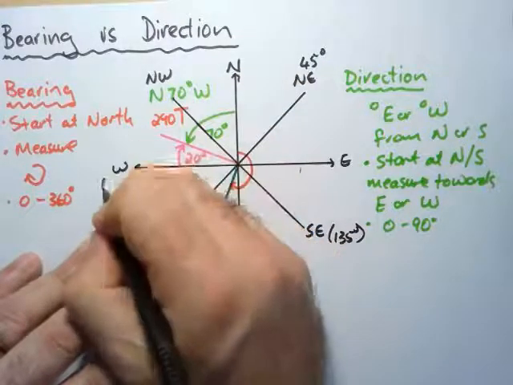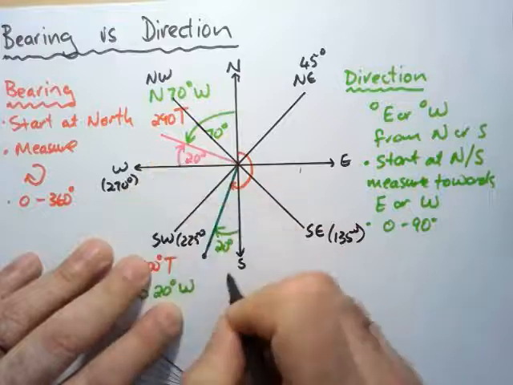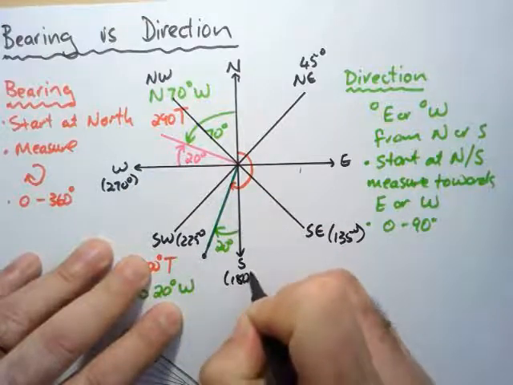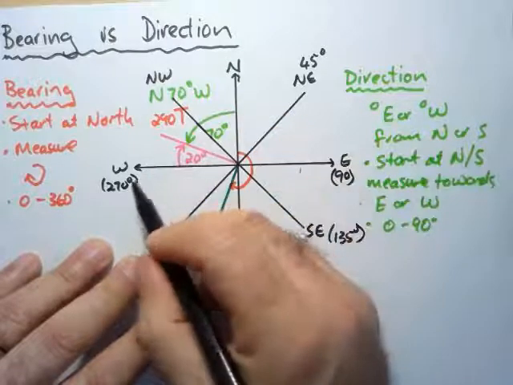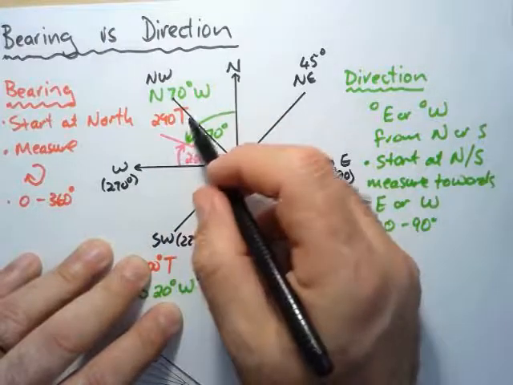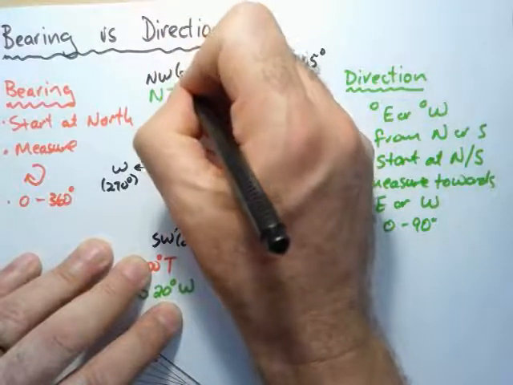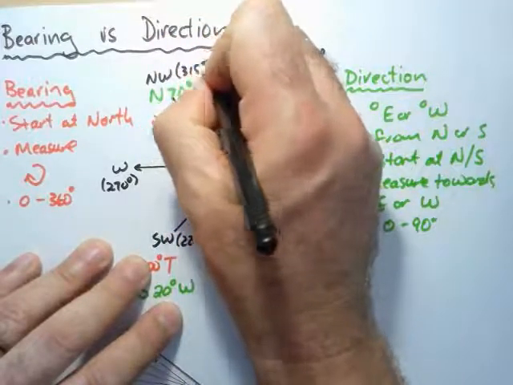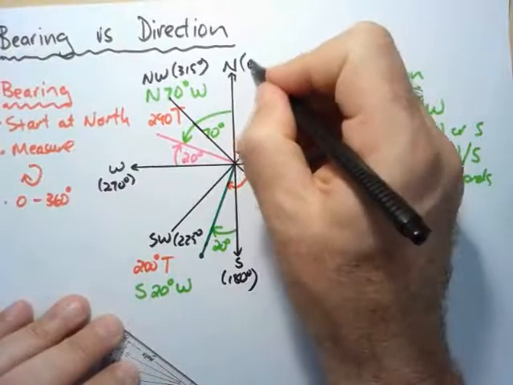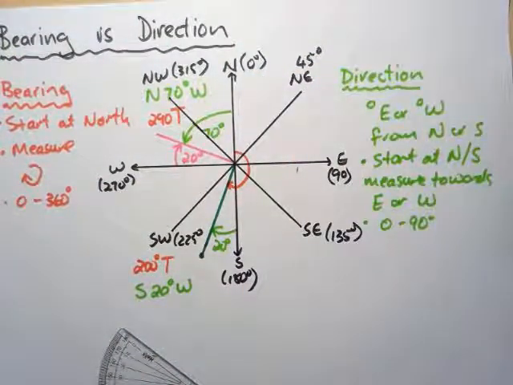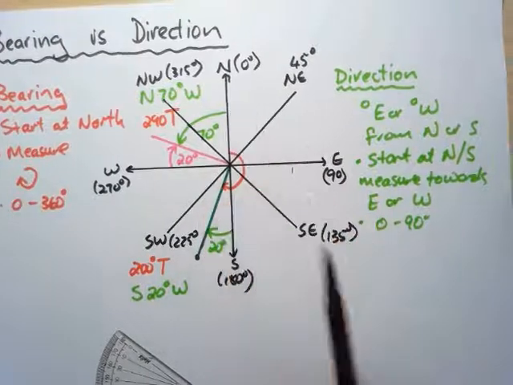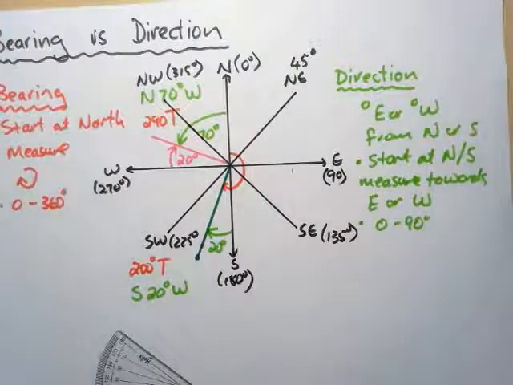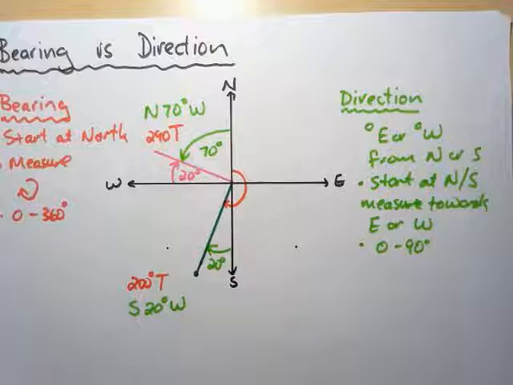That will be 270 degrees, as you should know. This will be 180 degrees. This is 90 degrees. And then halfway between west and north, add another 45 to 270, and the answer is 315 degrees. North is 0 degrees. So just general wind direction: if they say northeast, it means halfway between north and east. It's important that you understand this concept.